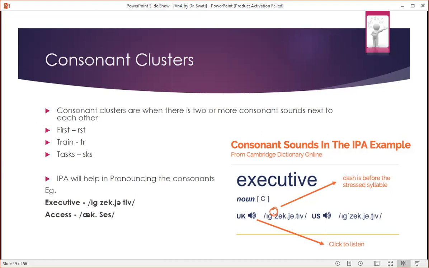And similarly, if you see the vowel sound, 'axis'. Vowels and consonants together make the sound 'axis'. So do more practice with more words, pick up some words.